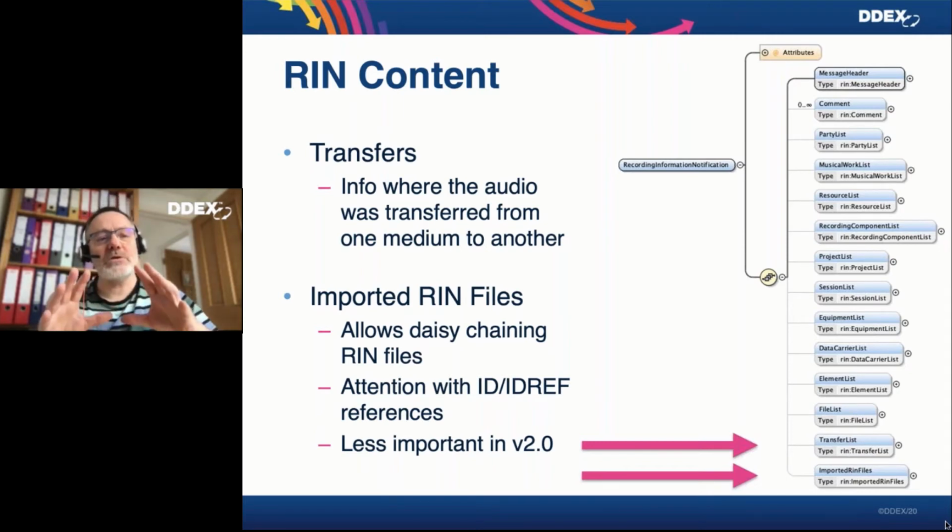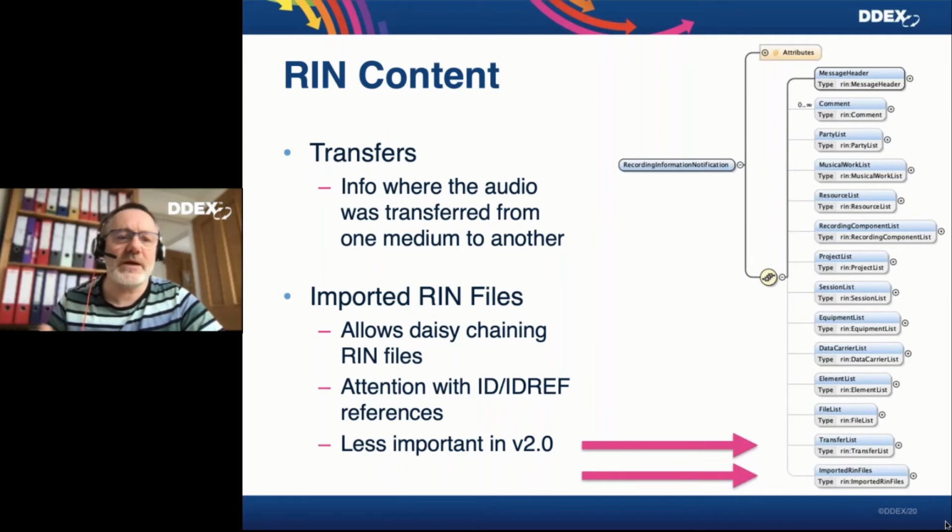And that was important in the original vision of RIN, where you had one RIN file that grew and grew and grew, and all the older bits, from the earlier sessions, those were all demoted, if you like, into this imported RIN files section of the file. In 2.0, this is far less important.